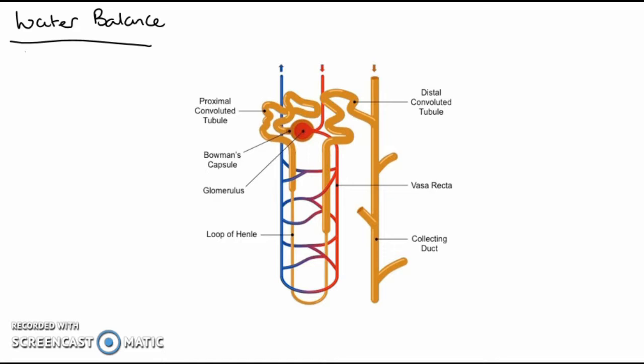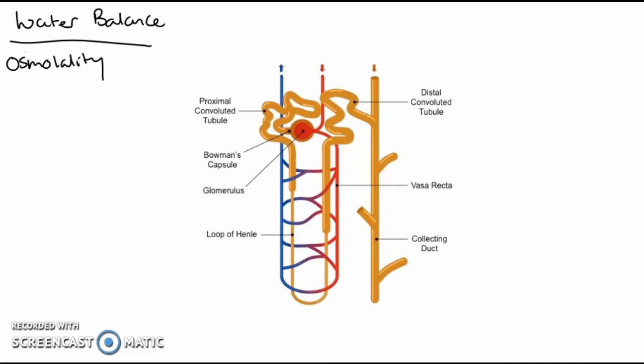First thing we've got to do is talk about some terminology. The first term that we need to talk about is osmolality. The easiest way to think about this is that osmolality basically describes the level of water and stuff that is in it.